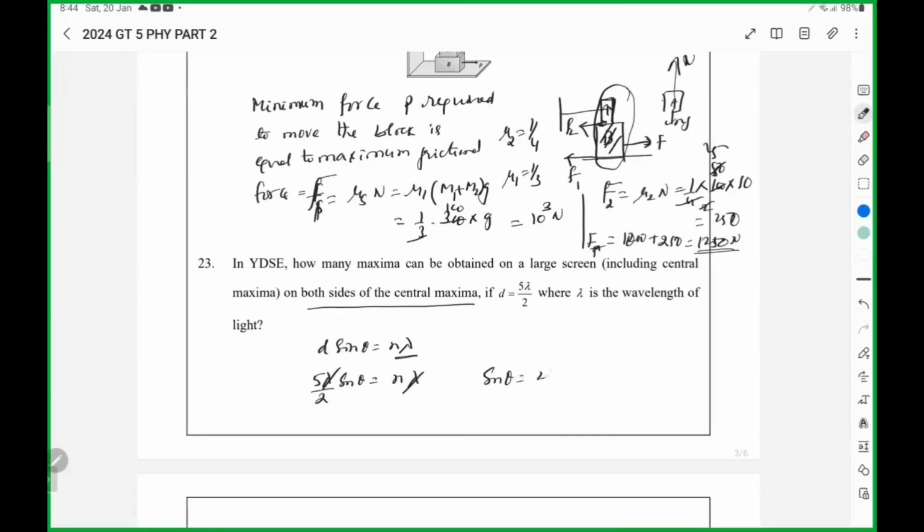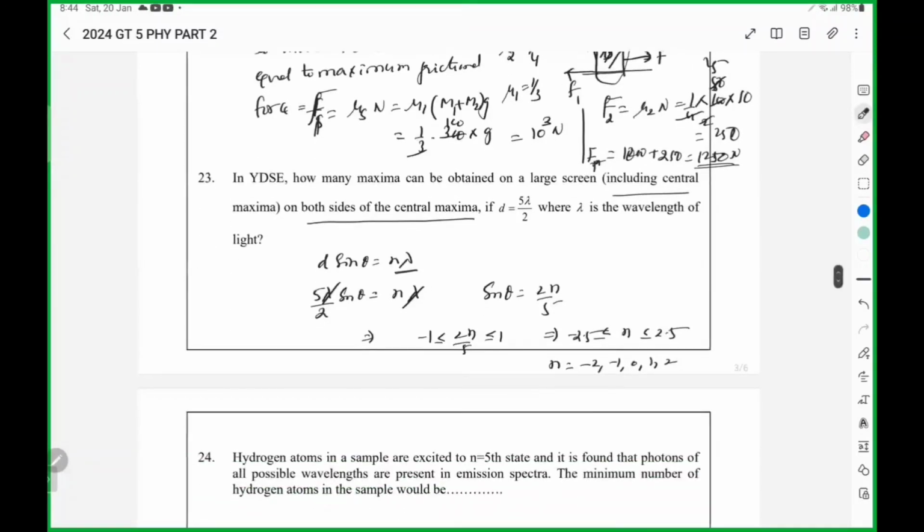Sin theta here is... which implies n lies between... and here is... So including central maxima, number of maxima will be equal to 5.